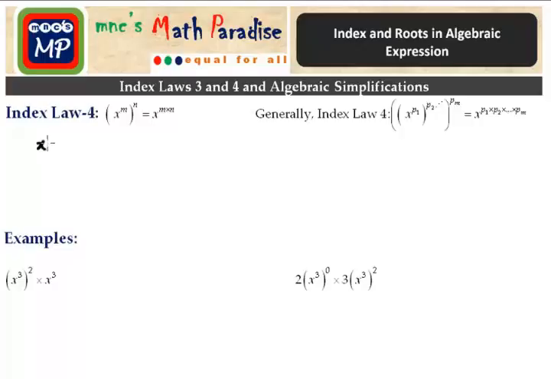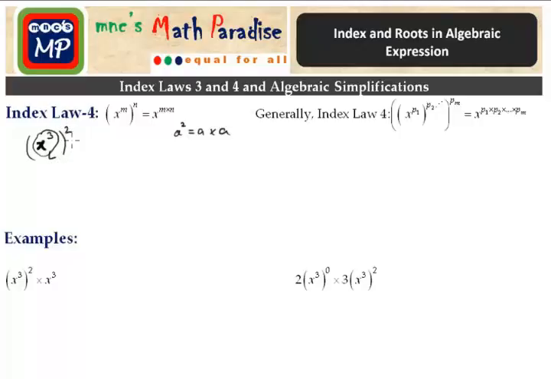Say we have x to the power 3, and then that to the power 2. What does that mean actually? We know that a squared, that is a to the power 2, means a is multiplied twice. So if we imagine that x to the power 3 itself is our a, then that has power 2.